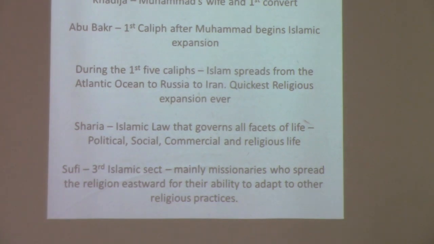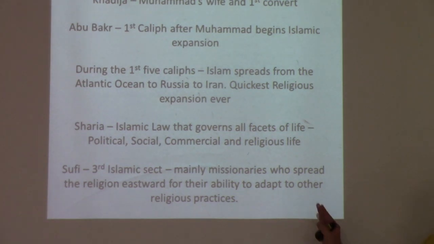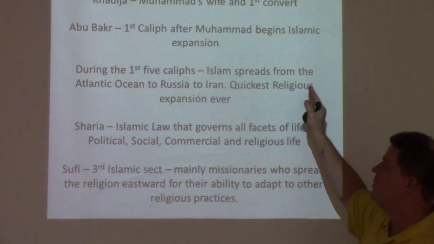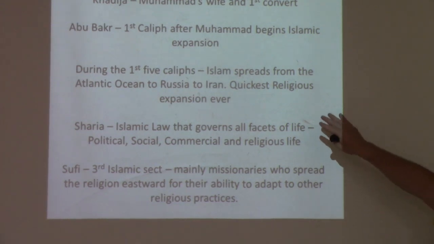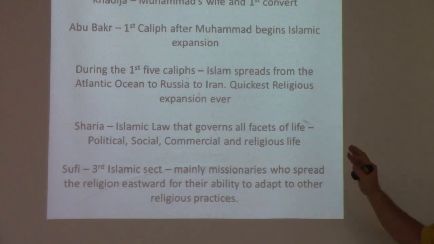By 711, they're up into Spain, and they make it all the way to the Loire Valley, the city of Tours, in 732. Well, a third branch goes up into southern Russia. It was just a rocket-fast expansion of a religion or an idea, the quickest one ever.